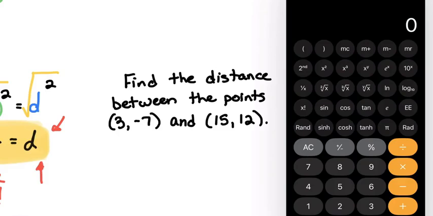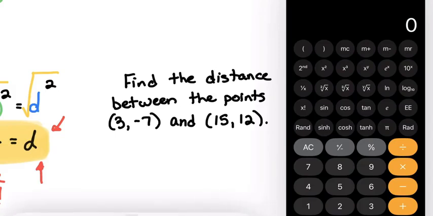All I have to do to find the distance between these points is to label which one's going to be x1, y1, and which one's going to be x2, y2. Just label which is which, and then substitute those into the distance formula.